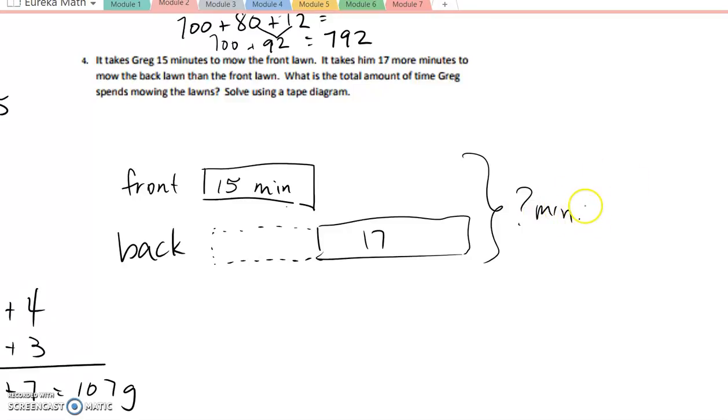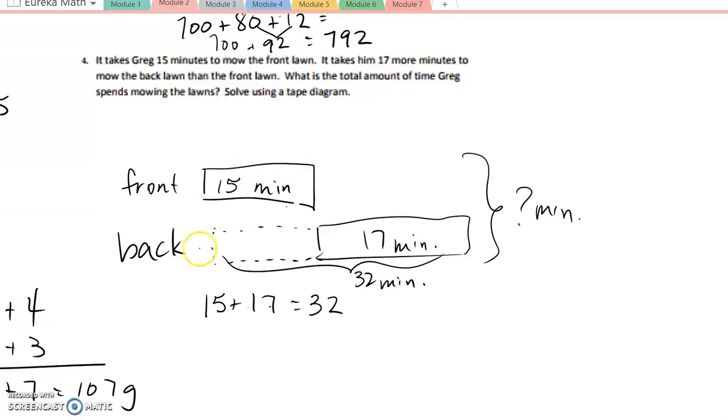Okay. So the first thing, this is a two-step problem. We have to figure out how much time it took him to do the back. So we have to add 15 plus 17. All right. Well, I have two 10s. That's 20. But 7 and 5 is 12. So that's actually 32 minutes. So if the back is 32 minutes, now to get them both, I have to add 32 plus 15.